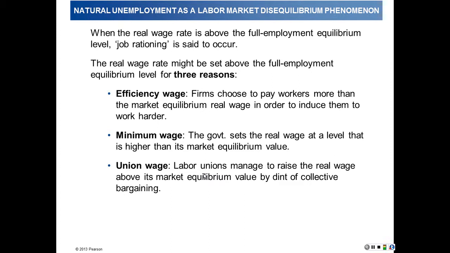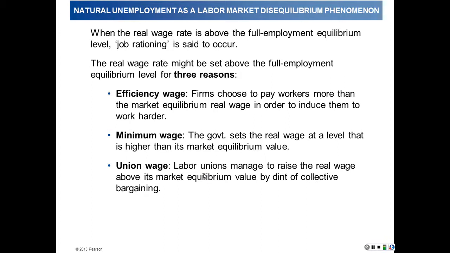And so labor unions could lobby for a higher real wage, a real wage that was greater than the equilibrium real wage. You see, labor unions could threaten to go on strike if management didn't comply with their demands. So they could hold industry hostage in a sense. And so the real wage might be prevented from falling all the way to its equilibrium value. Okay, so that's the first reason.